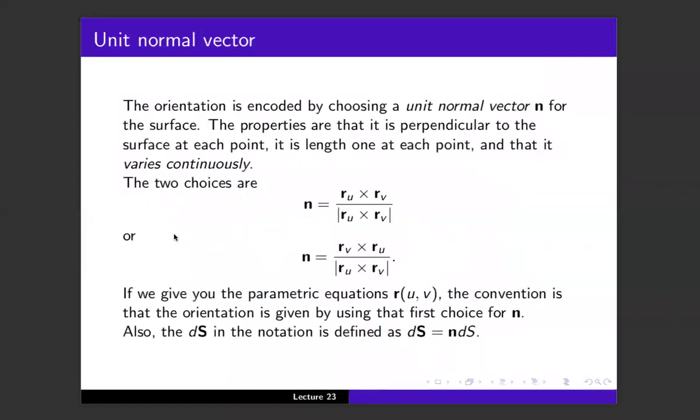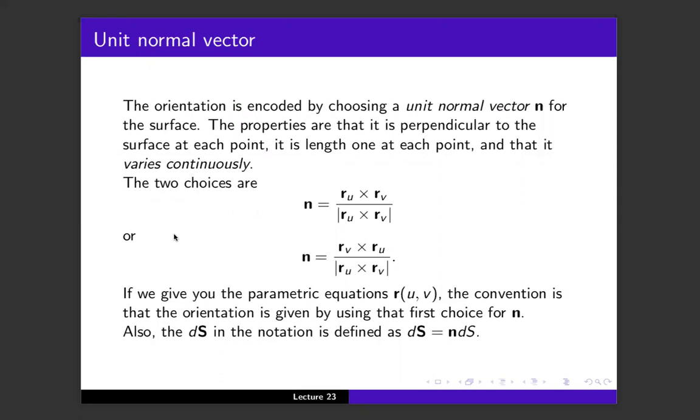So how do you actually find this normal vector? The important point here is that it's perpendicular at each point and it varies continuously. To make it perpendicular at every point, simple enough, you define it to be the vector that's orthogonal to two different tangent vectors of the surface.